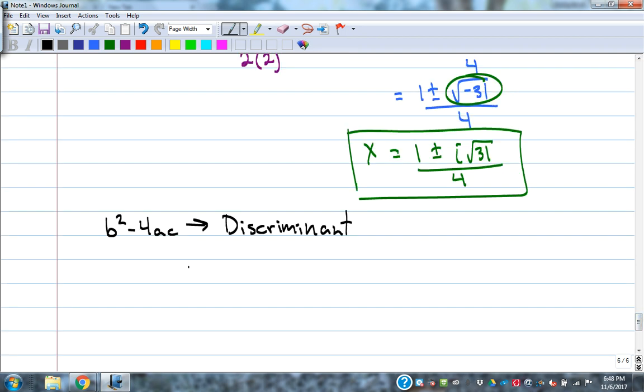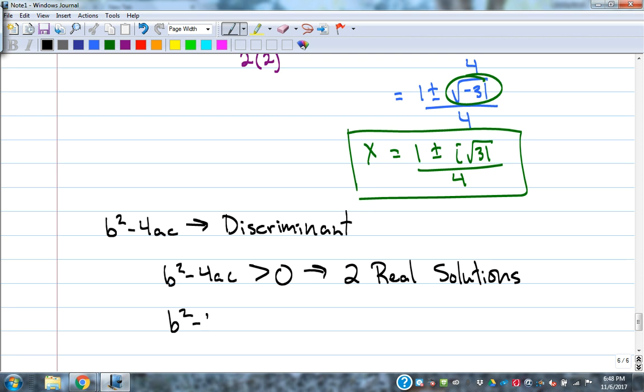If b squared minus 4ac is greater than 0, what kind of number is it? It's positive, right? If that under the square root is positive, you're going to have two real solutions. You can get real numbers.